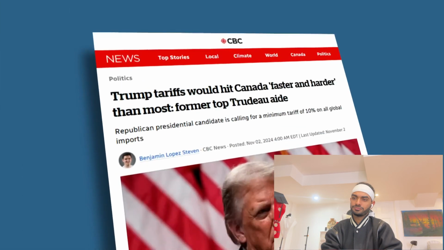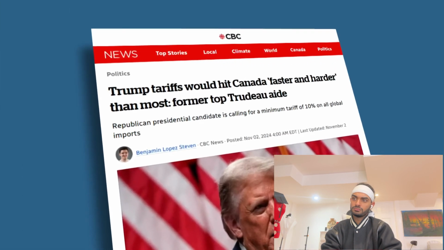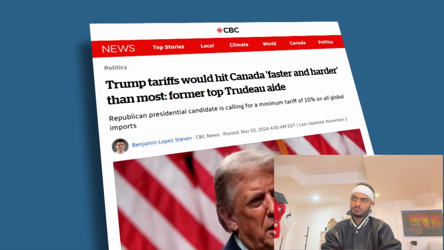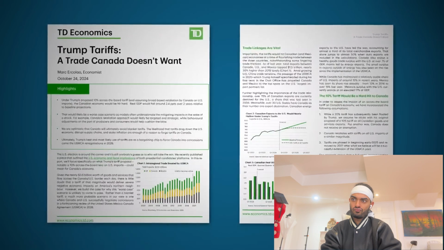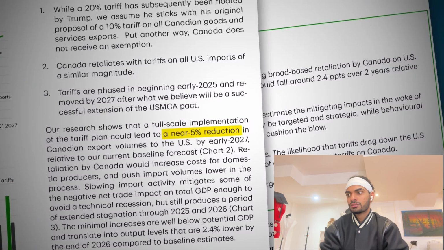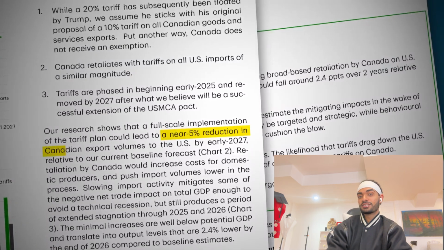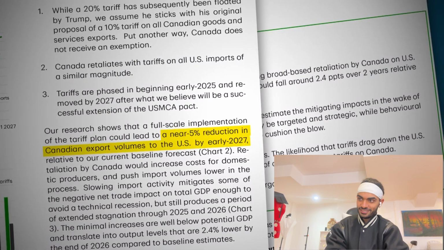But here's the thing. If Trump follows through on his promise to put a 10% tariff on international goods, Canadian products will suddenly become a lot more expensive, which could completely cancel out the benefits of a lower dollar. In fact, according to economists at TD, we could actually see a net 5% reduction in Canadian exports to the US in the next couple of years.